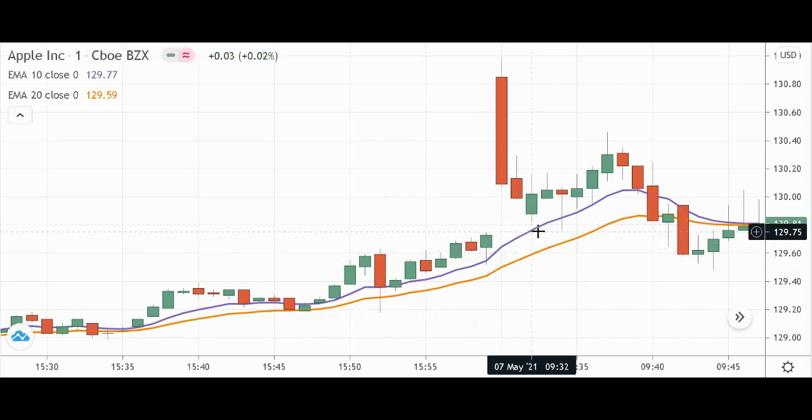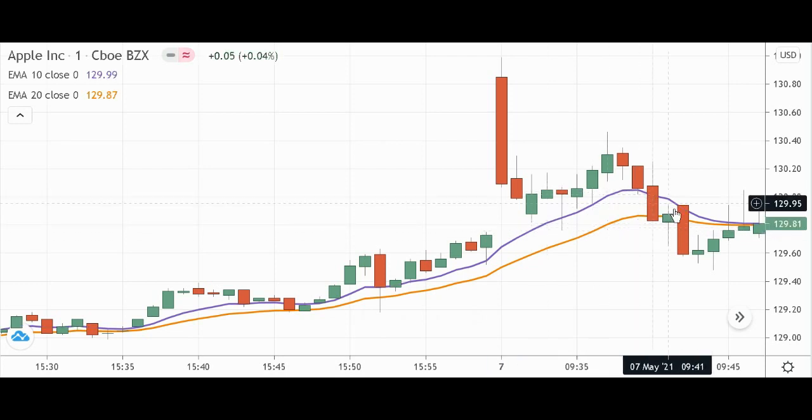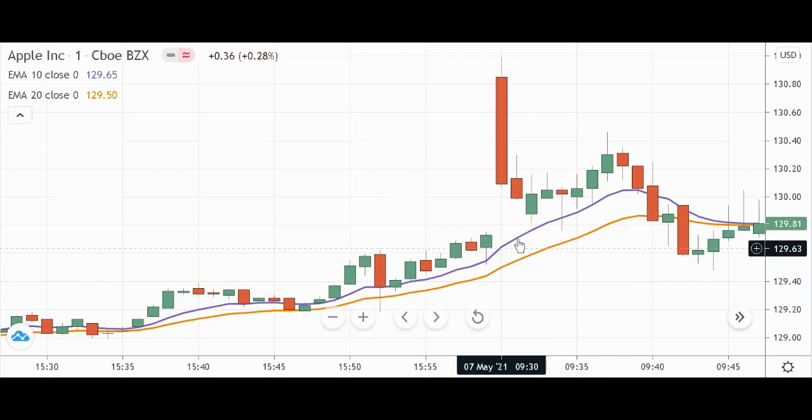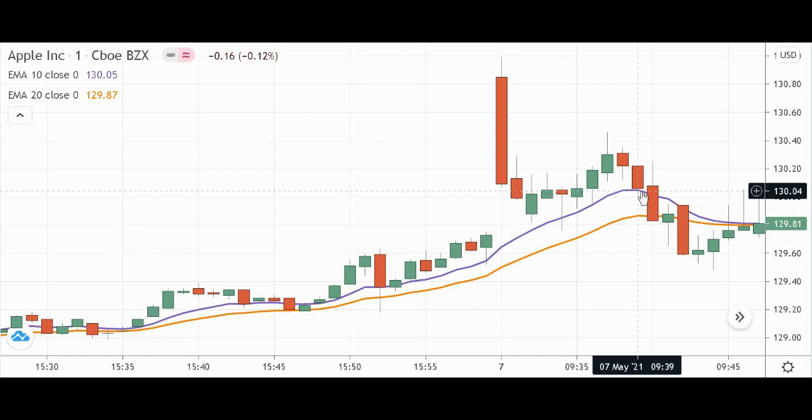You're a buyer. And if the 10 EMA is below the 20 EMA, you're short. You're going short. So a very simple strategy, just as an example.